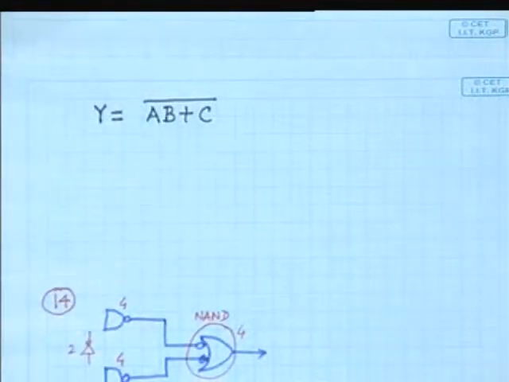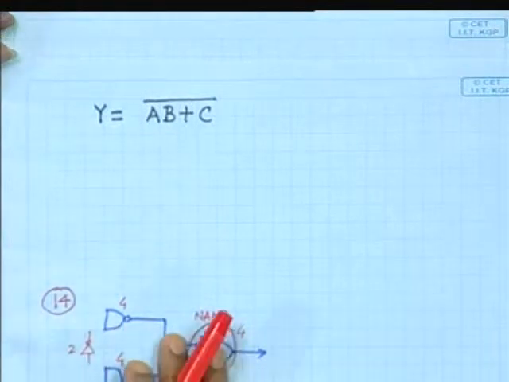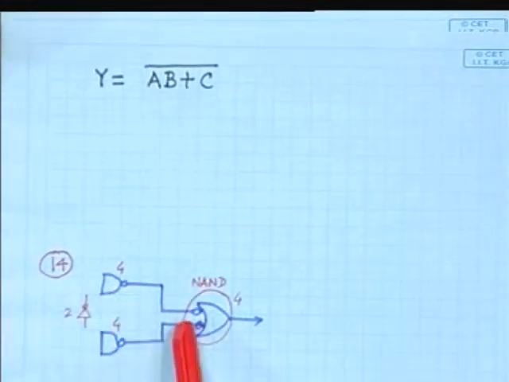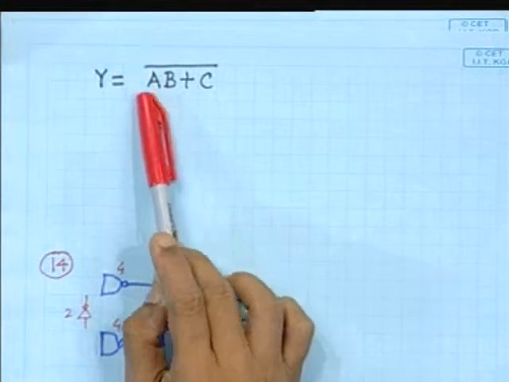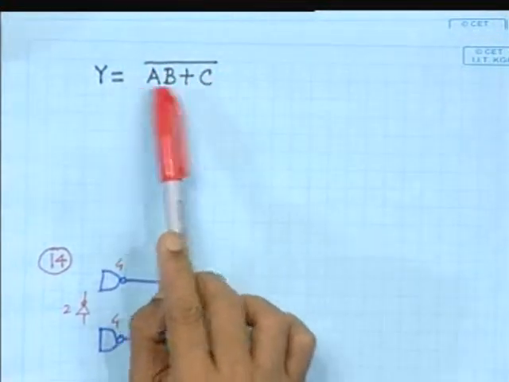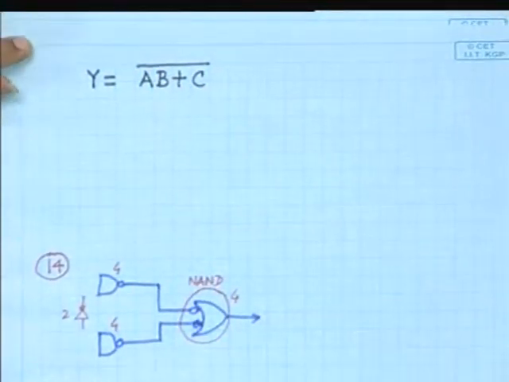First of all, we have to draw the gate level diagram. We have already learned that if we use complementary logic, that is NAND, NOR rather than AND, OR, then it will be beneficial for us. So from that point of view, can we find out what will be the most economic implementation of this?